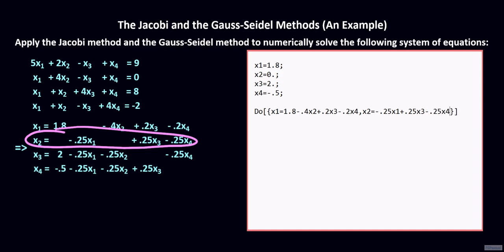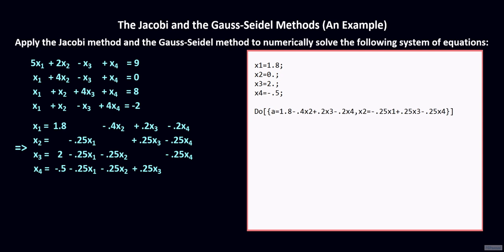Now we have a slight problem, in that x1 had just been replaced with whatever value we get here. This means that in calculating x2, x1 will be replaced by the new value of x1, which is not how the Jacobi method works. So instead of using the variable x1 on the left side for the first command, we use the temporary variable a to store the new x1. This way, the old value of x1 does not get thrown out.